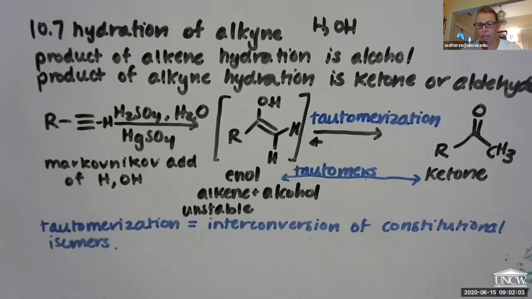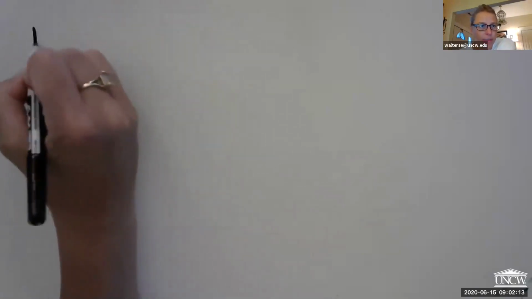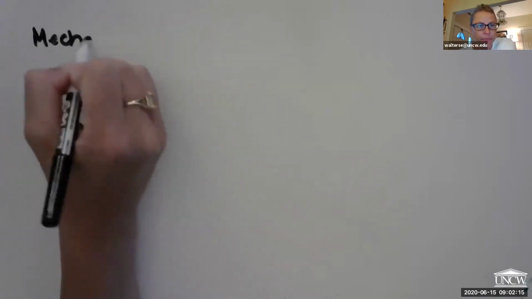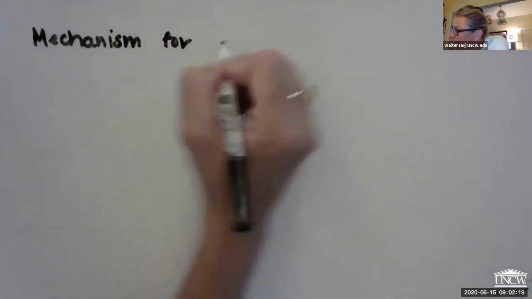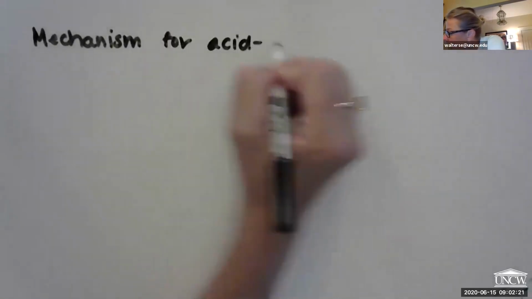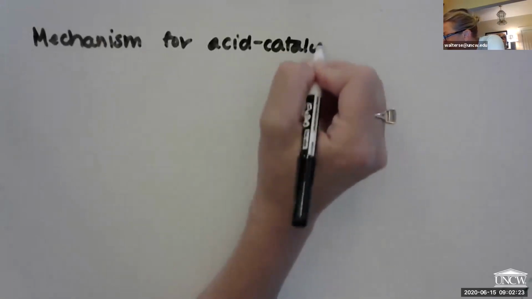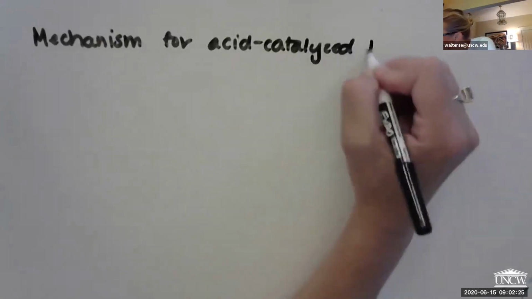So erase this and start. Okay. So where we're going to start, this is the mechanism for acid catalyzed tautomerization.